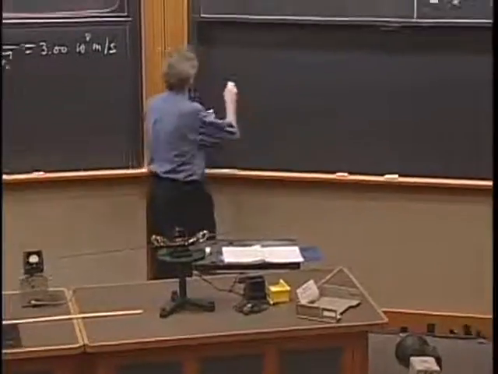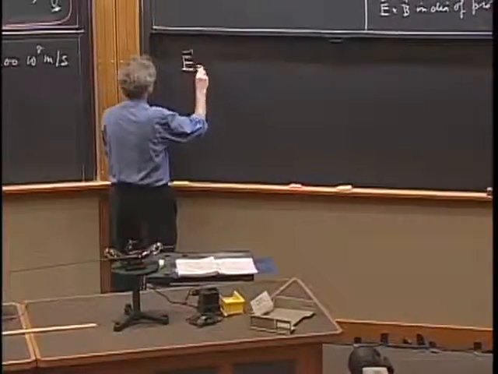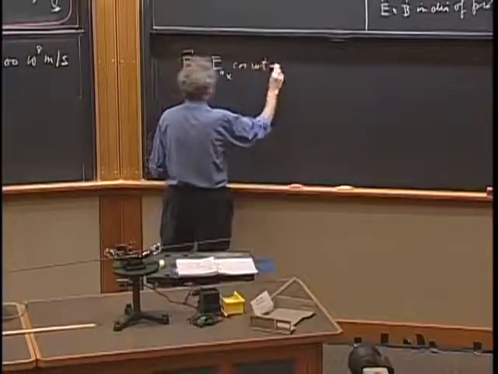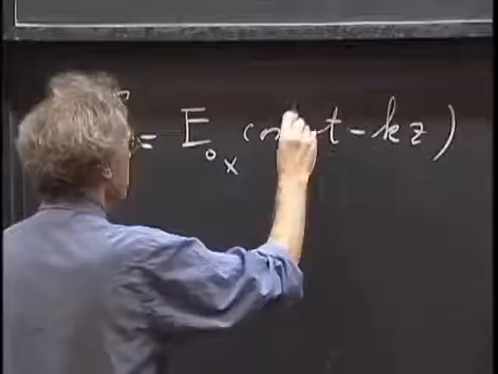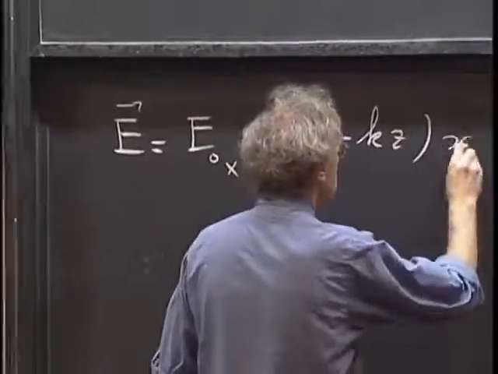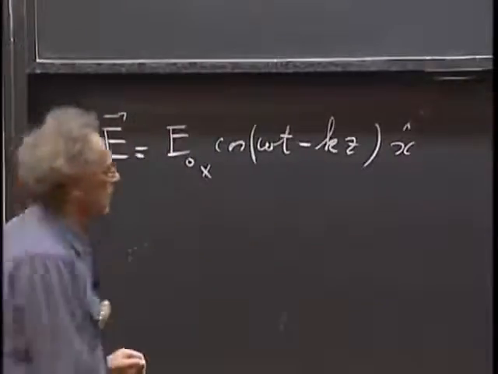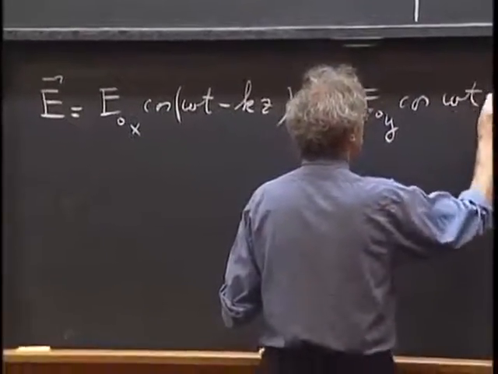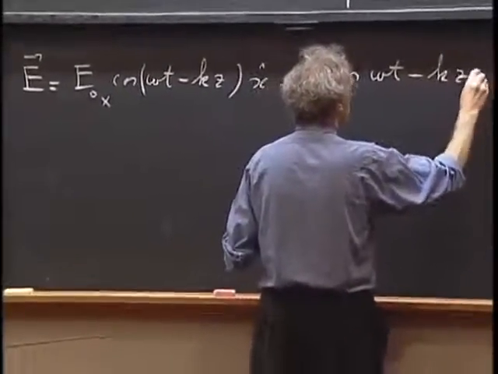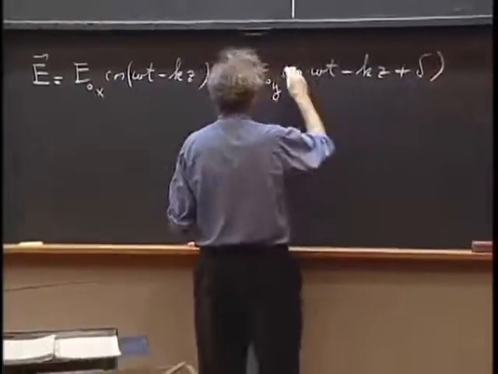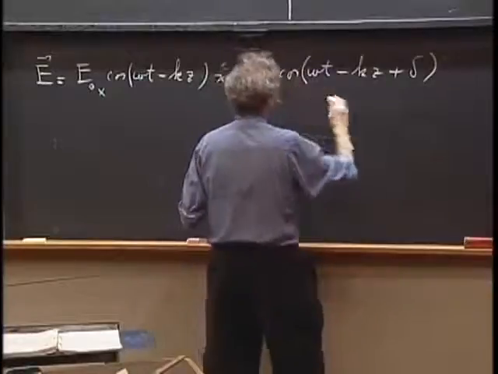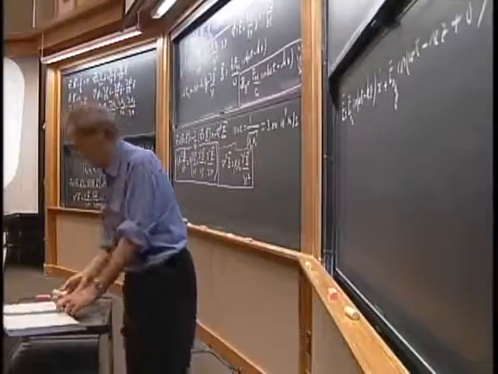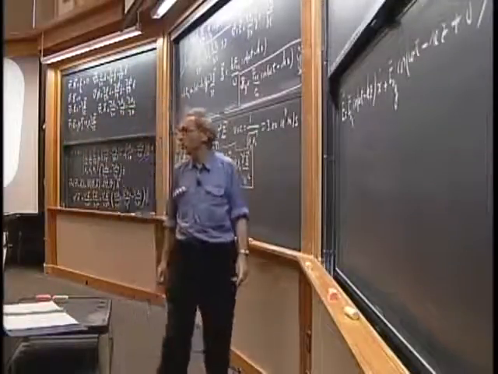In other words, the following E vector is perfectly kosher: E0x times the cosine of omega t minus kz, that would be in the x direction. And then I would have another E0y times the cosine of omega t minus kz plus any random phase angle delta, and that would be in the y direction. And so clearly, this satisfies the wave equation, because each separately satisfies the wave equation.